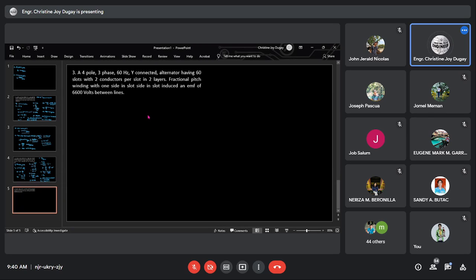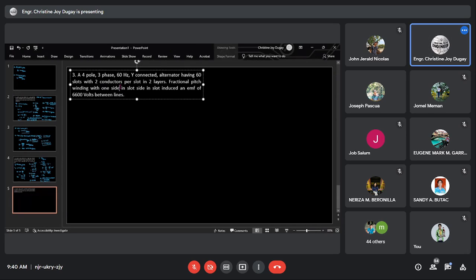Fractional pitch winding with one side in slot number 1 and the other side in slot number 13.